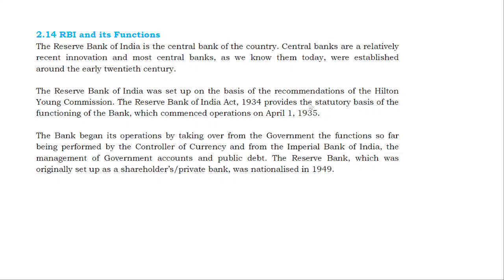It was formed in 1935, of course, as a private body during the British period, and the Reserve Bank of India was set up on the basis of recommendations of the Hilton Young Commission. This is also important, on whose recommendations? Hilton Young Commission. The RBI Act is 1934, so next year it came into operation in 1935, and in 1949 it was nationalized.